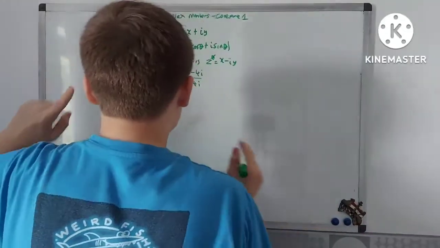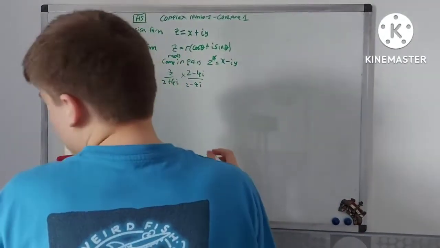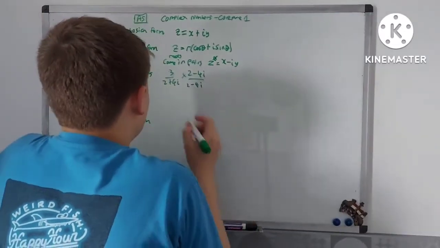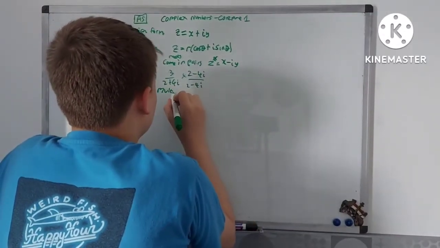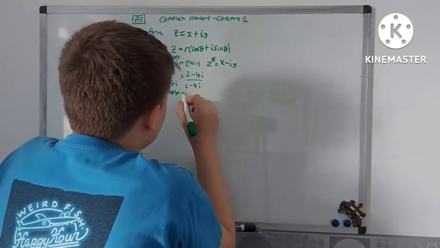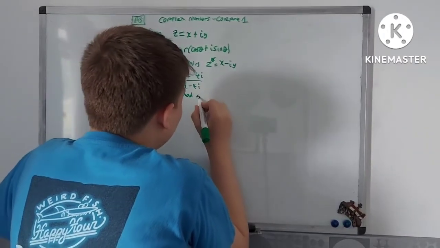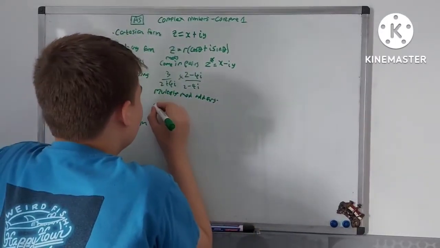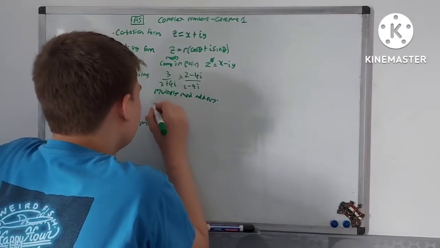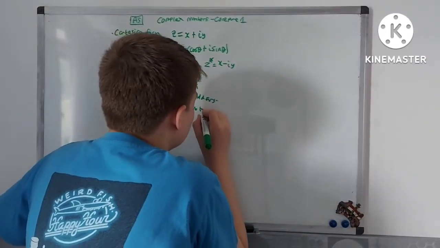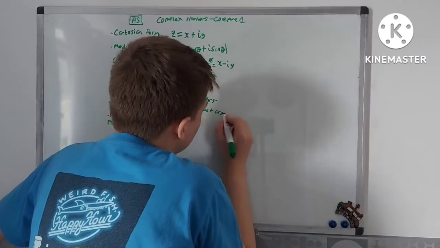If I'm multiplying, be careful what I do to the moduluses. If I multiply, I multiply the mod and add the arguments, or if I'm dividing, I divide the mod and subtract the arguments.